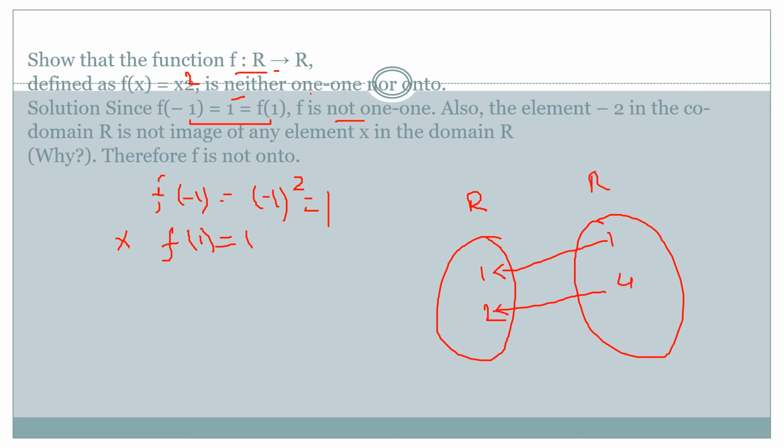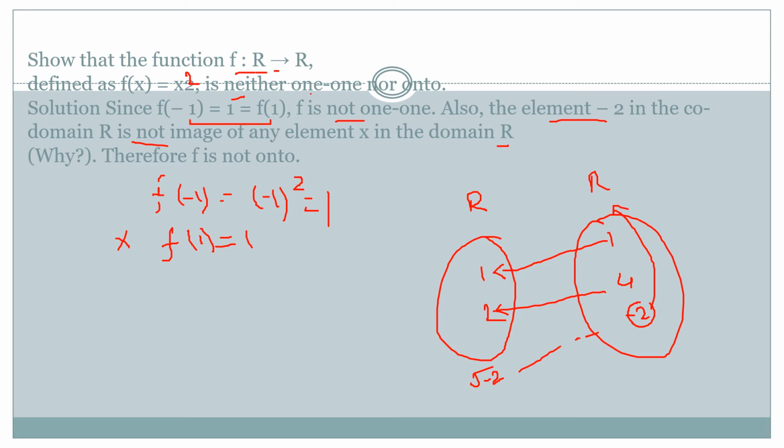So what about the element -2 in the codomain? It is not the image of any element x in the domain R. You know that -2 is a real number, so it comes under the codomain. So what will be its pre-image? Its pre-image will be minus root 2, because when we square this number, then only we will get -2.